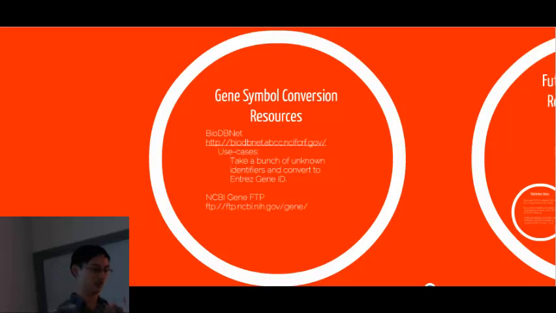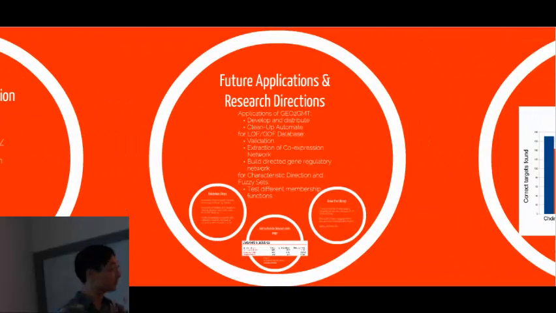If it succeeds, you can keep it, convert it, and if it doesn't succeed, you can say, okay, great, I can get rid of these. Just anecdotally, my GMT ended up having about 10% of the symbols be non-standard, meaning just non-official gene. And these other resources are just great places to go. Or sorry, the NCBI MTG is just a really great place to go for anything you want in terms of up-to-date gene lists. So this sort of wraps up my portion of the talk.